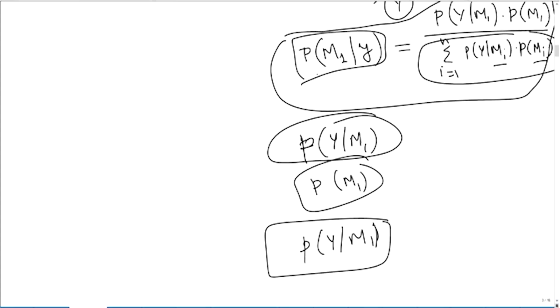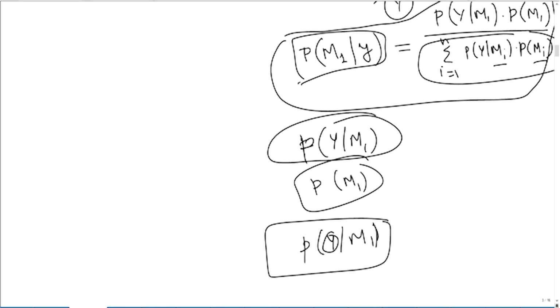This probability is telling you how likely is a model M1 if data y is given. Okay. But this is how likely that a particular data y will be generated by model M1. So, in a way you are saying that model M1 can generate different kinds of data set, but how likely it is to generate exactly this observed data y.